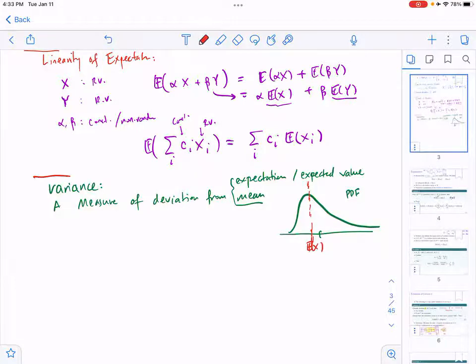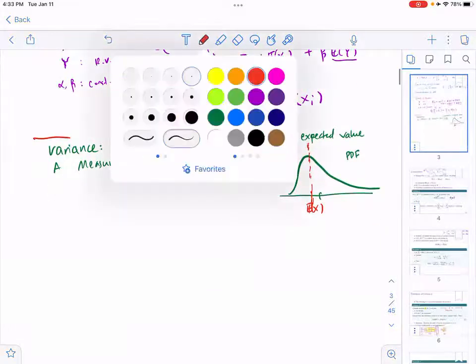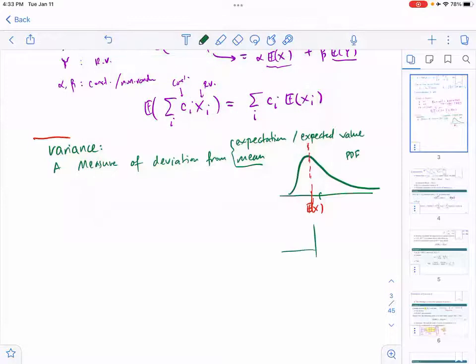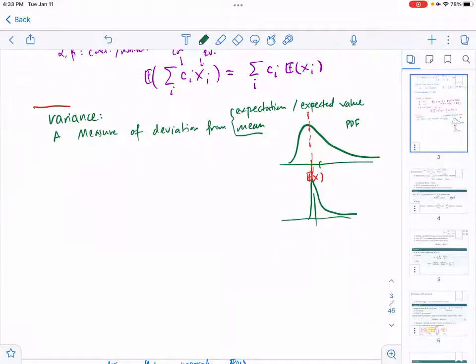But there is some sort of a spread. You have some distribution like this. Another distribution could be very concentrated near the mean, with the same mean. Another one could have the same mean, but be very spread out. So the expectation just gives you the location of the center of the distribution.